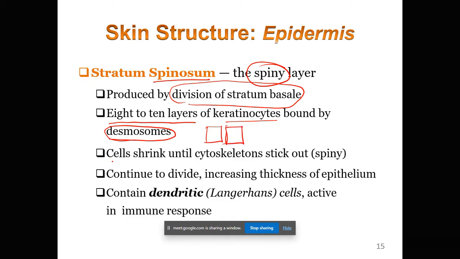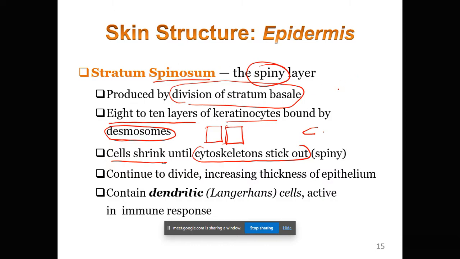Okay, so the cells shrink until the cytoskeleton sticks out. What does the cell shrinking mean? The plasma membrane of the cell shrinks because of the loss of organelles.